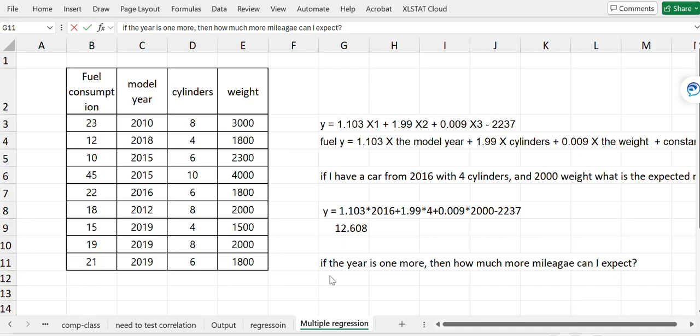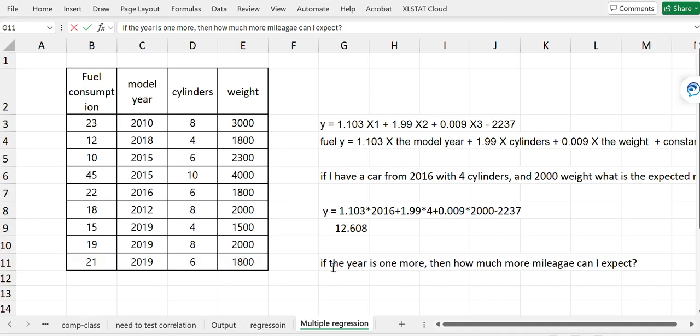If you increase the year, every year one increase means it is 1.1 times. You understand? If you increase the number of cylinders, then it is affecting by 1.99 times. The weight, for every unit of weight, it is 0.009 increase. But the coefficient or the m value for the year is 1.103. So it will increase by 1.103 times.